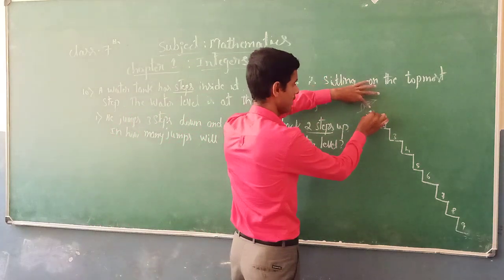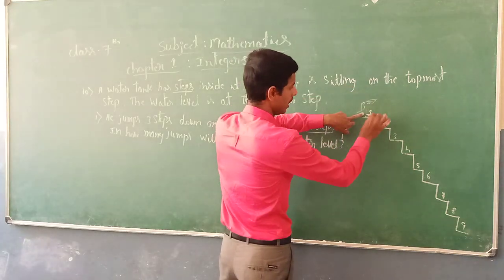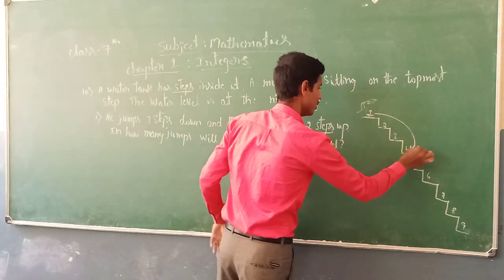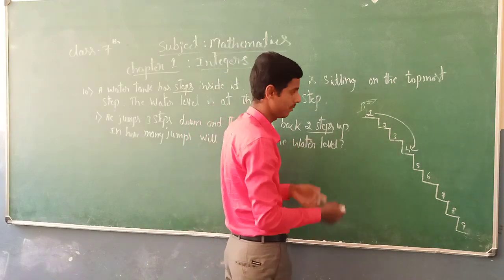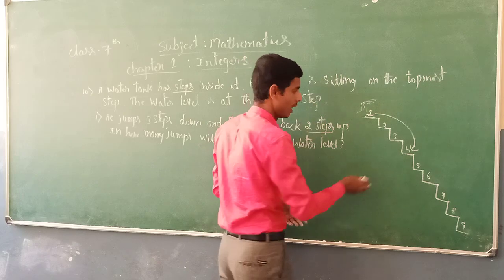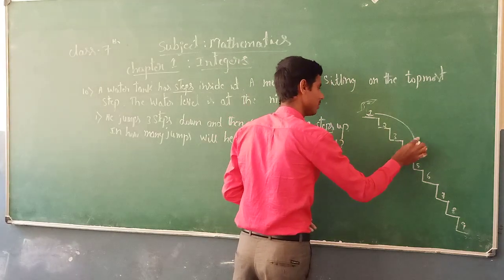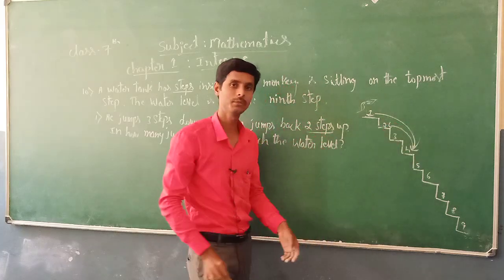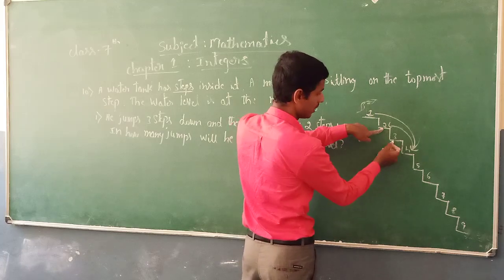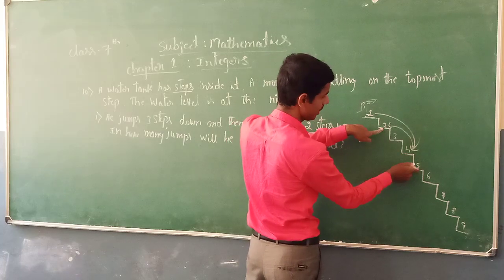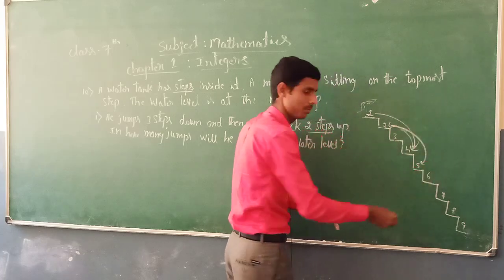To reach the 9th step, monkey has to make how many jumps we have to find out. See, from first step, first jump means it will move to 4th step. So 1, 2, 3. 3 steps he will jump. Again back, how many steps? 2. So it will come here, right? So from here again it will move 3 steps. 1, 2, 3. From 2 he will jump to 5th step, right?